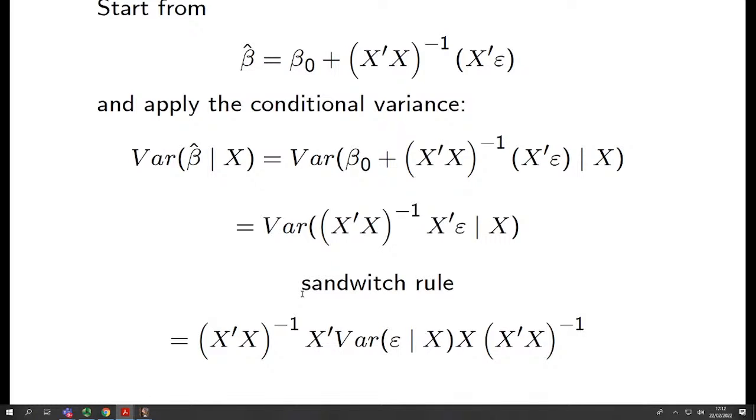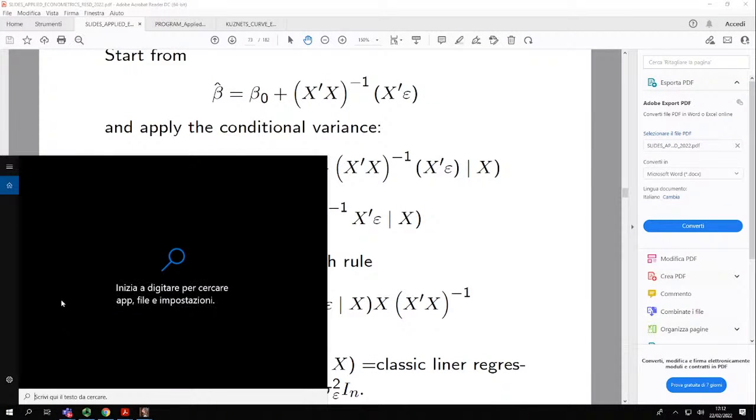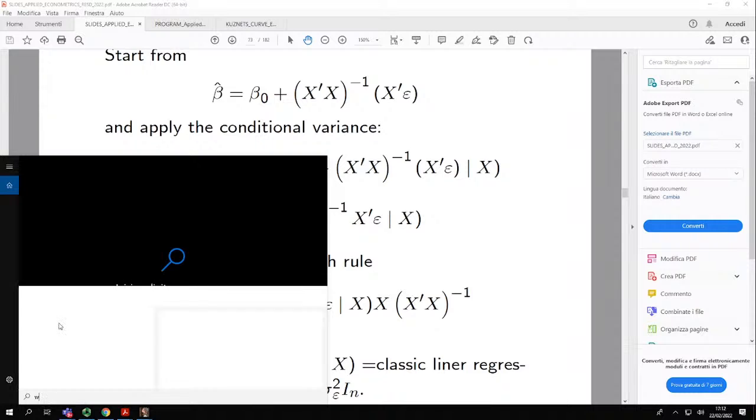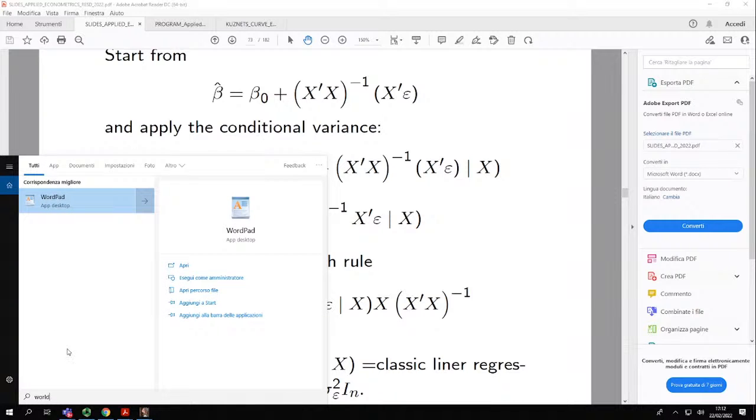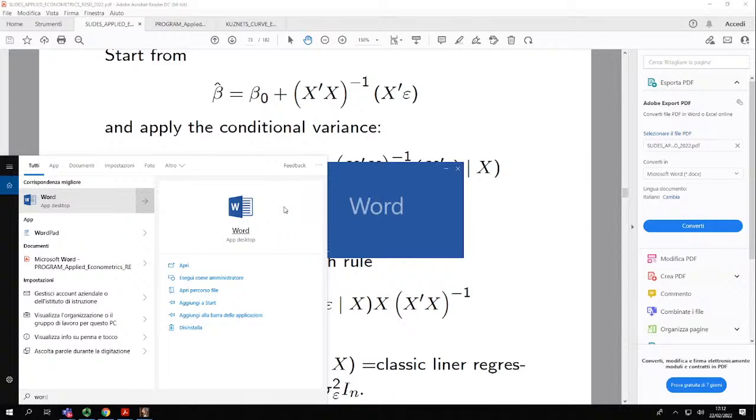I have applied what econometricians call the sandwich rule, and let me write it on Word so we can go a little bit slower. The general rule is the following.